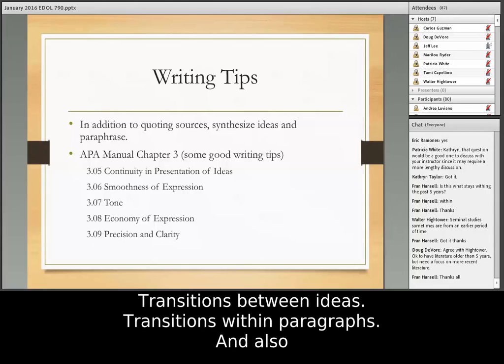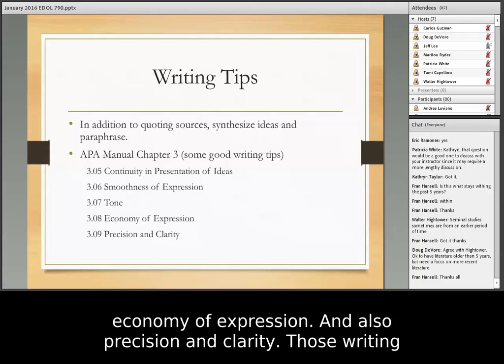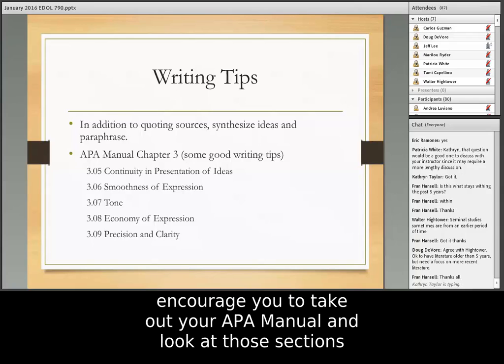Transitions between ideas, transitions within paragraphs, and also transitions from paragraph to paragraph. Smoothness of expression, tone, economy of expression, and also precision and clarity. Those writing tips really go a long way in the prospectus paper, and so I'd encourage you to take out your APA manual and look at those sections in Chapter 3. Okay.